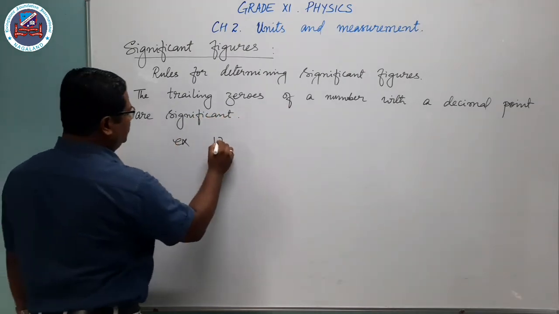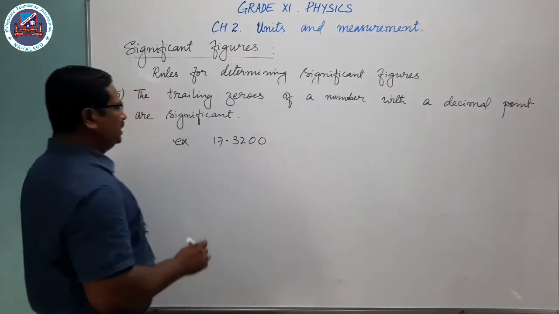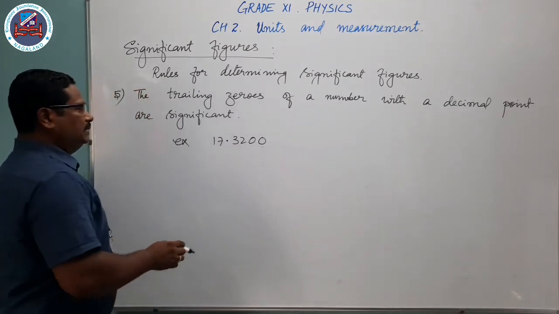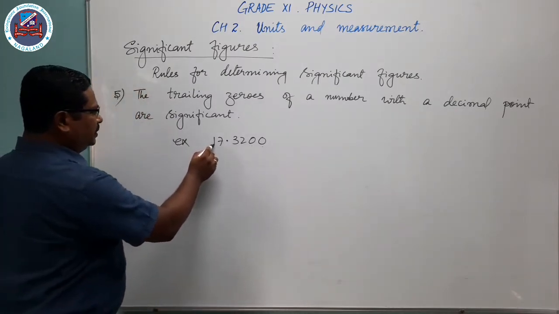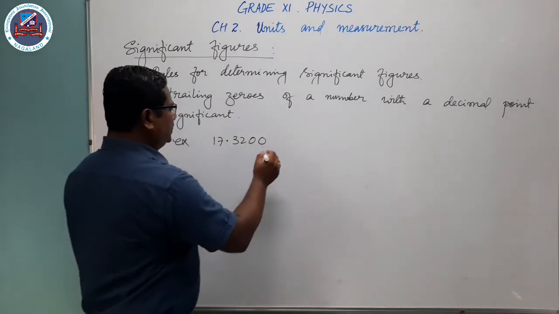Example, say 17.3200. Then in that case, these zeros are significant. So here the number of significant figures will be 1, 2, 3, 4, 5 and this is 6.